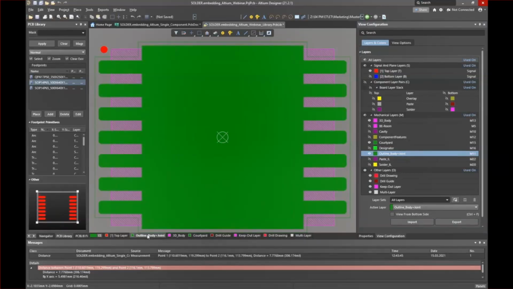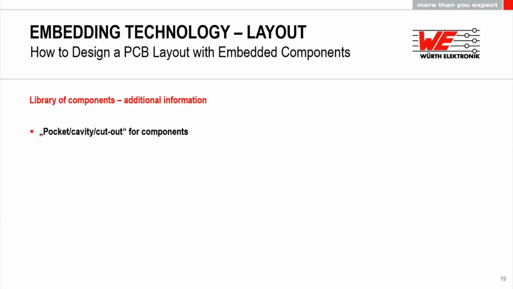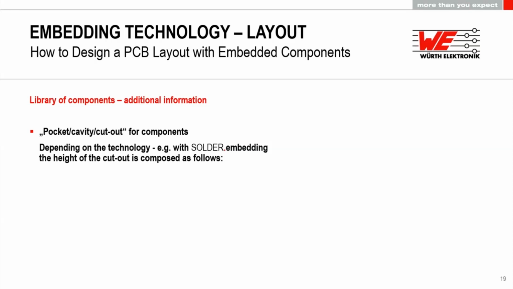So we switch back. Okay, so let's have a look at these cutouts or pockets or cavities, however you would like to call them. We have different definitions for this depending on the technology used. For example, for the solder embedding technology, the height of these cutouts is composed of 3 different things.